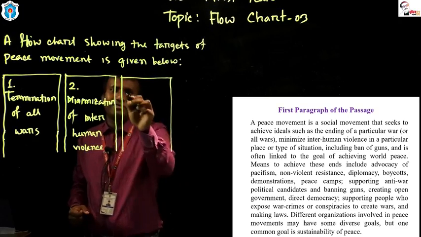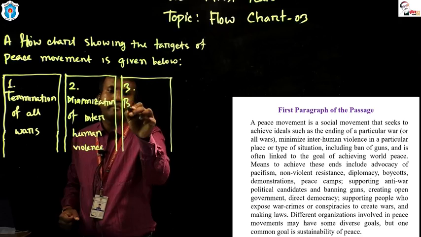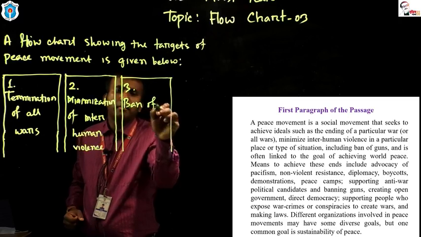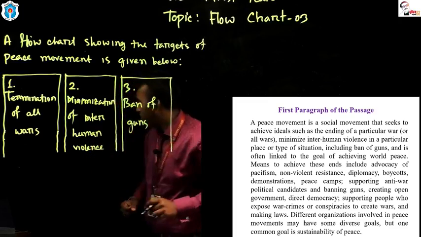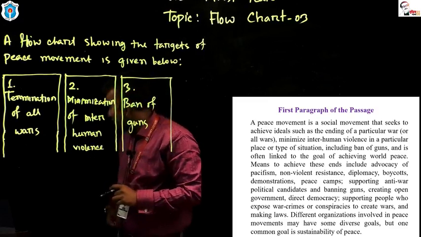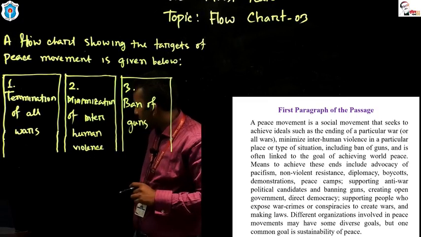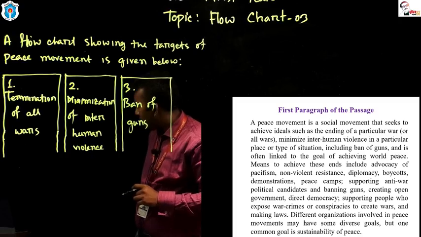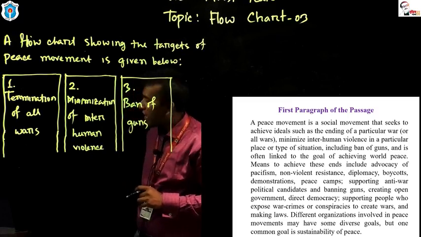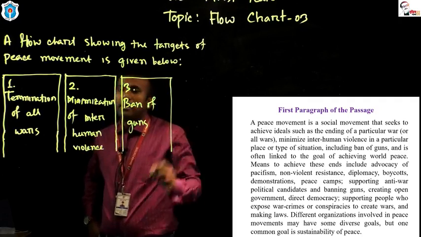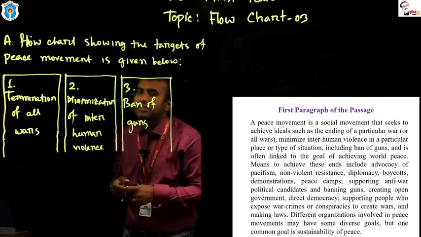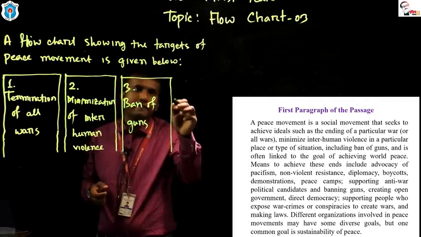Can I start with ban of guns? Here ban is a noun. Yes. Shamim Rani, thank you. Habur Rahman, thank you. Okay, all of you are writing really well. Now we are going to head towards our fourth answer.